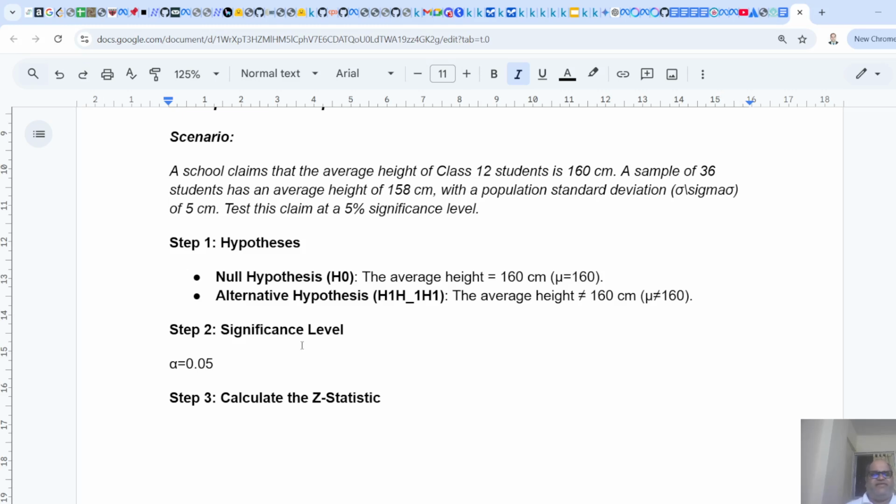As long as the standard deviation of the population, which is the overall class, is known, at a 5% significance level, let us say we want to decide. How do you set up your null hypothesis? The average height is equal to 160 centimeters. In this case, your alternate hypothesis is that the average height is not 160 centimeters.